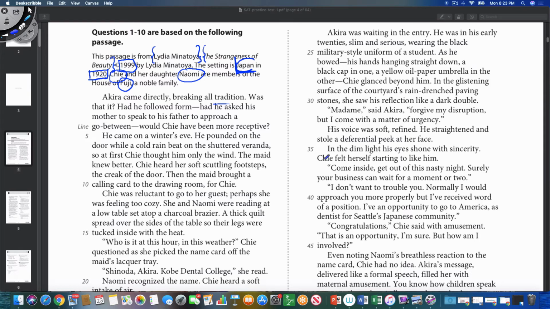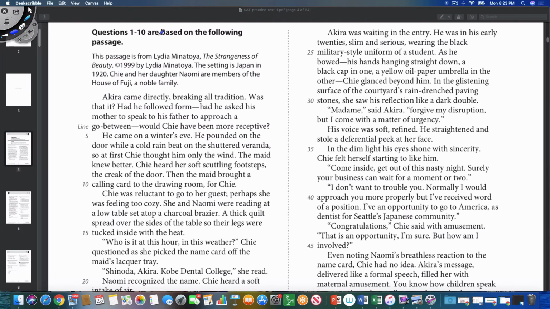Now, when I read this paragraph, the first thing that came to my mind was that looks like Akira and Chi are the two central players in this paragraph, and Akira is afraid of Chi's reaction. Would Chi have been more receptive? And that immediately brings to my mind that question where we had spent some time making a connection between Akira and Chi, and Akira was supposed to be worried about some reaction from Chi, fearful about some reaction from Chi.